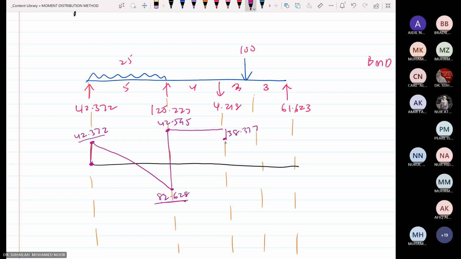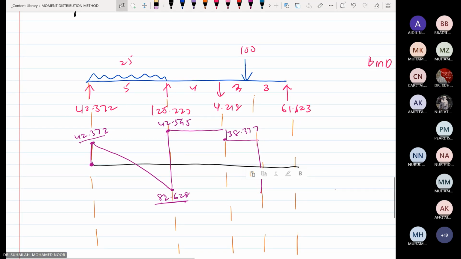Lepas tu, straight lagi. Turun 100. Dapat apa? Turun 100. Negatif 61.623. Okay, straight, naik balik.